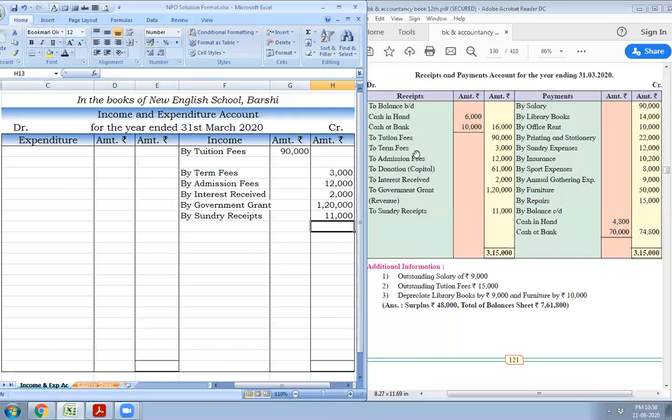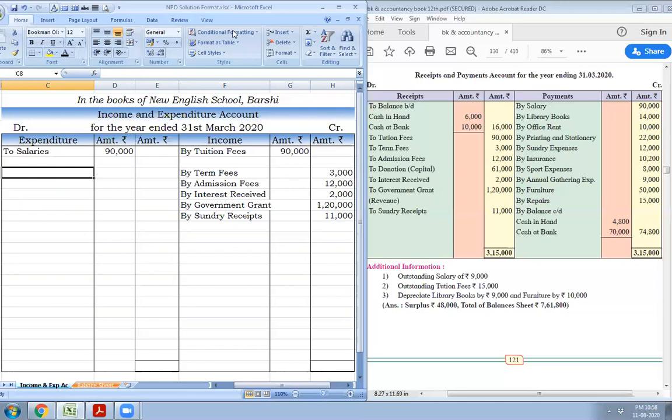Now payment sides, salary expenditure, to salaries amount rupees 90,000. As there is adjustment on salaries, we will record it to the inner column and we will leave one line for adjustment purpose.